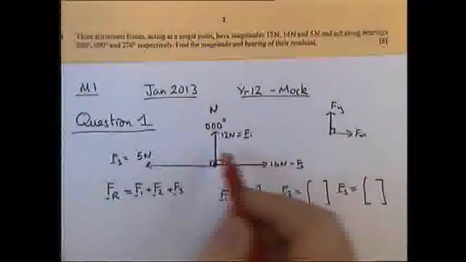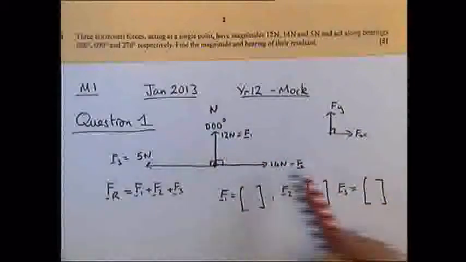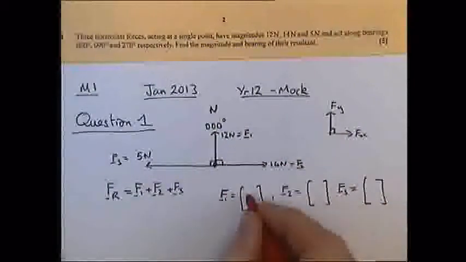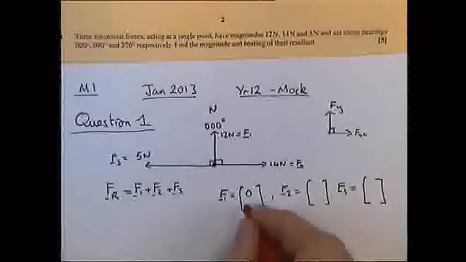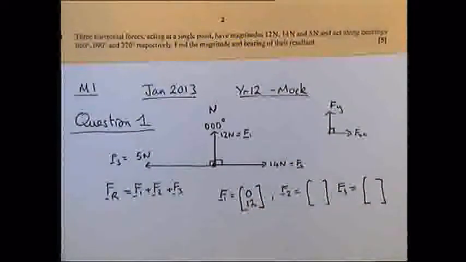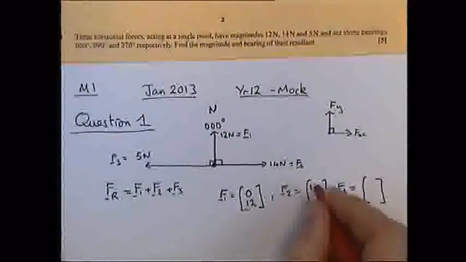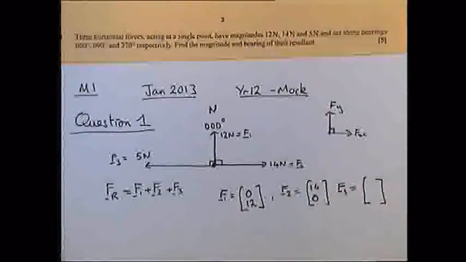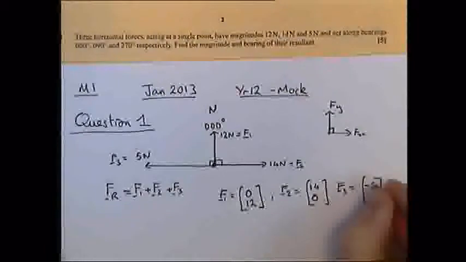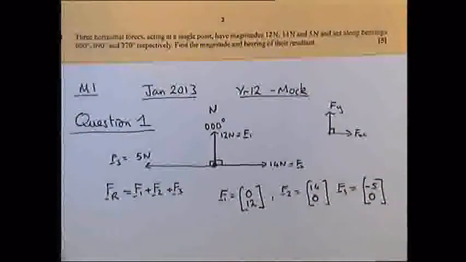So looking at the first force, F1, it's got no component along the x, and it's got 12 up. So there's the column vector for that. F2 is going to be (14, 0). And F3 is going to be (-5, 0).